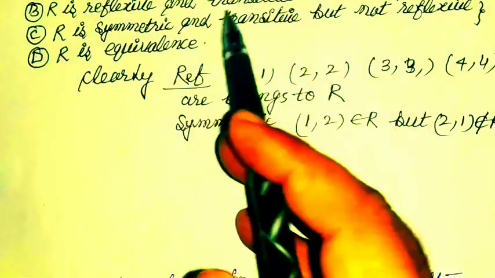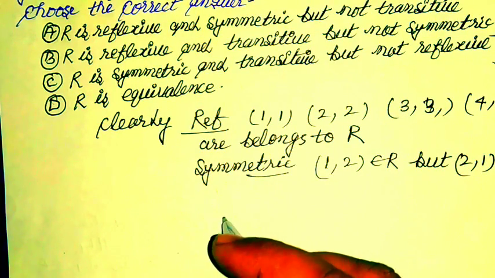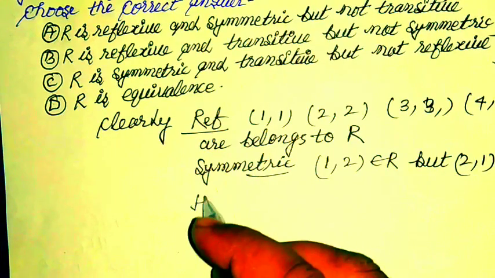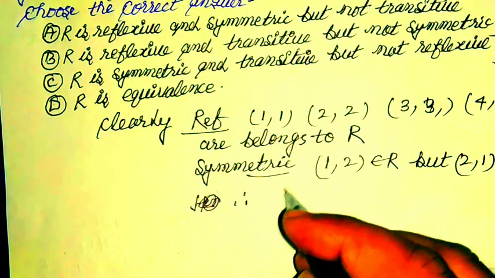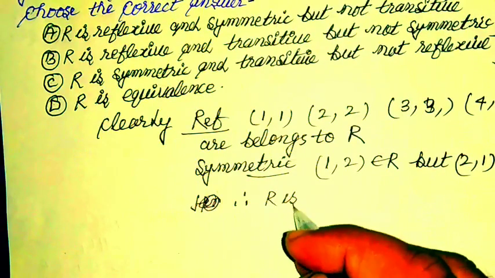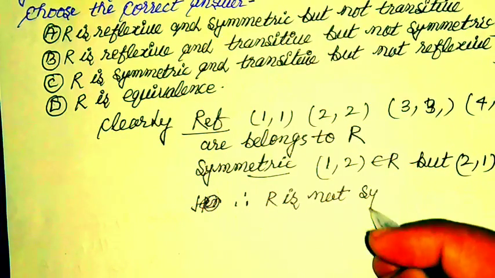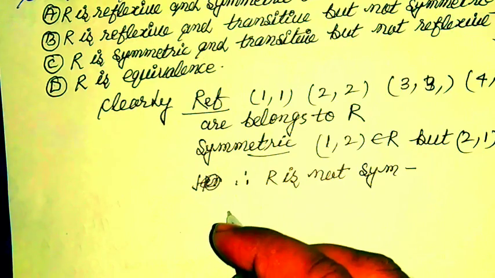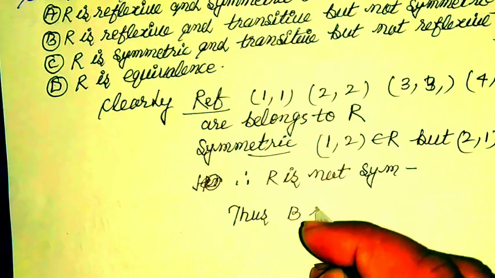And earlier I told you the condition of transitive. Therefore R is not symmetric, isn't it? So the B part, thus B is correct.